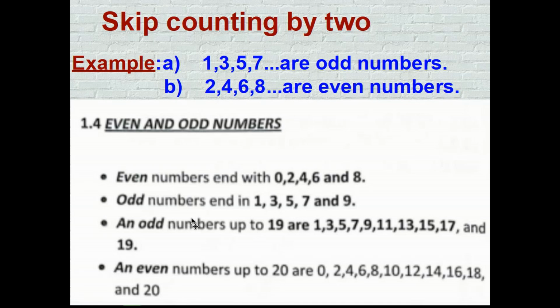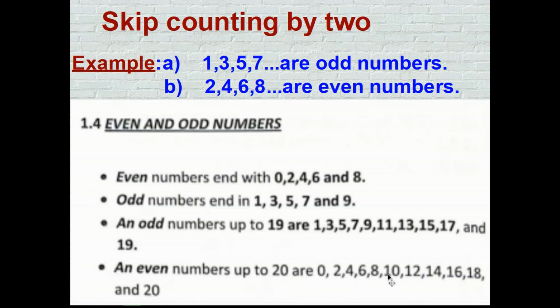So now the odd numbers up to 19 are 1, 3, 5, 7, 9, 11, 13, 15, 17 up to 19. These are odd numbers up to 20. As you can see, the difference between two consecutive numbers is 2, and also the even numbers up to 20, starting with 0 up to 20.